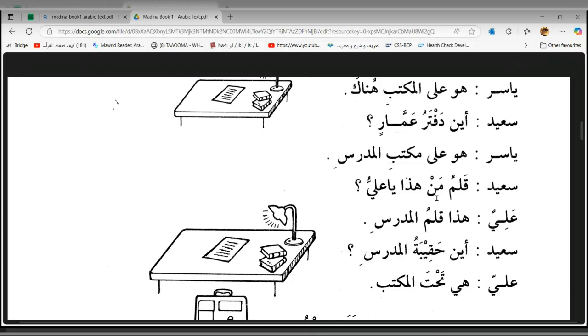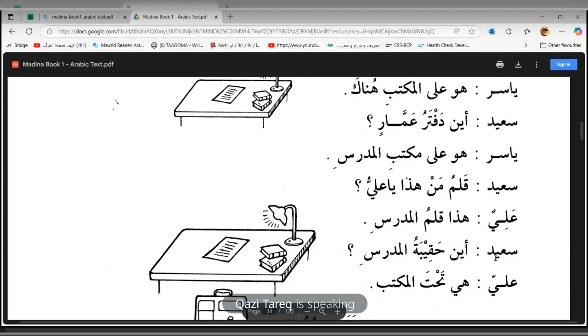So the pen belonging to whom is this, Ya Ali? He's pointing to a pen. And then Ali responds, هذا قلم المدرس. This is the pen of the teacher.